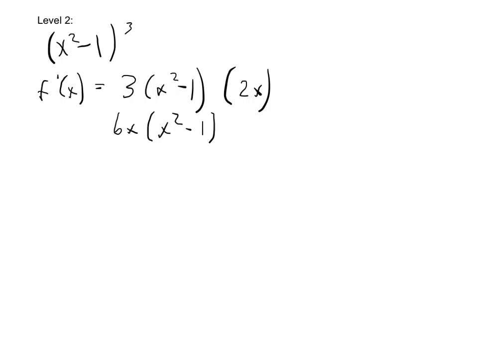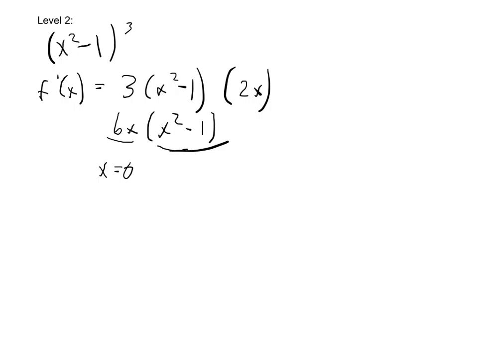So basically from this, we're going to have to find our critical numbers, and we're going to treat these two things separately. So 6x, set that equal to 0, x is going to equal 0. That's one of your critical numbers. This function right here, you're not going to be able to solve straight from here.